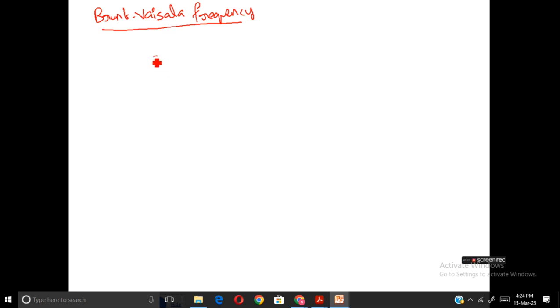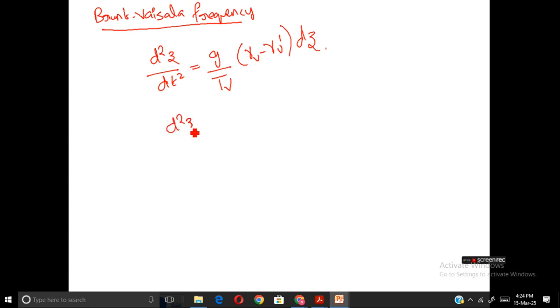So this equation that we got, d square z by dt square is equal to g by Tv into gamma v minus gamma dash into z, right? Now we told this can be written in the form d square z by dt square is equal to minus omega square z.